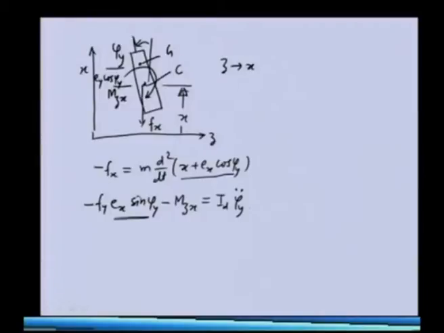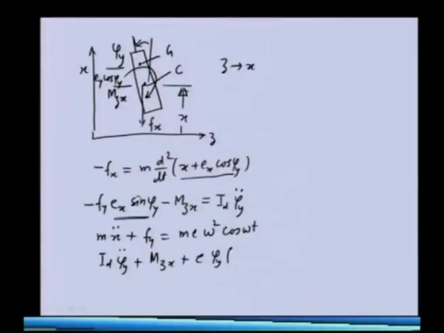These two equations now we can simplify, and we can write the first equation as m x double dot plus Fx is equal to m e omega square cos omega t, and the second moment equation can be written as Id phi double dot y plus Mzx plus e phi y Fx cos omega t is equal to 0.